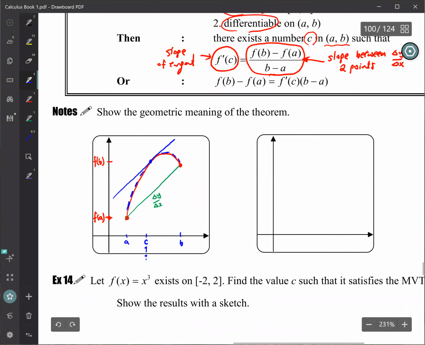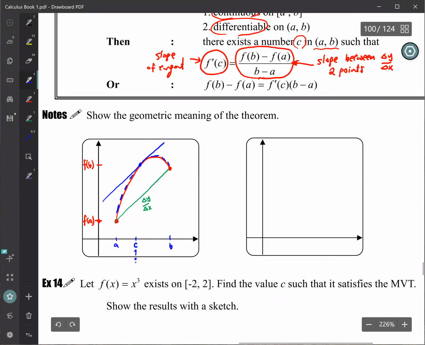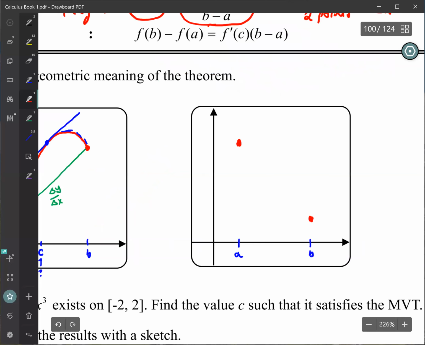Now the second picture is just an example showing that there could be more than one. So I could reverse it. I could have a higher, b lower, and I want to make it more than one, so I make it more curvy, for example, like that.